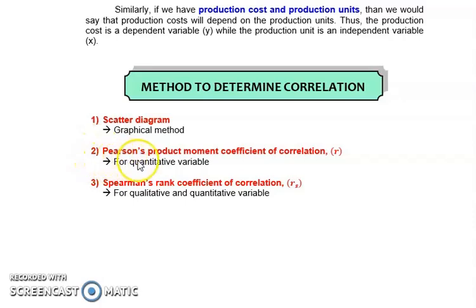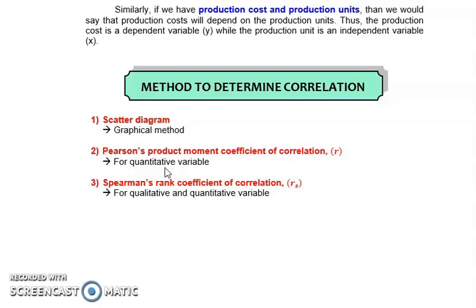So for Pearson, we use for quantitative variable. For example, if you have two quantitative variables, example just now, sales and profit. So both are quantitative variable. So how to determine correlation between profit and sales, so we can use Pearson product moment coefficient of correlation. So we also have qualitative variable.